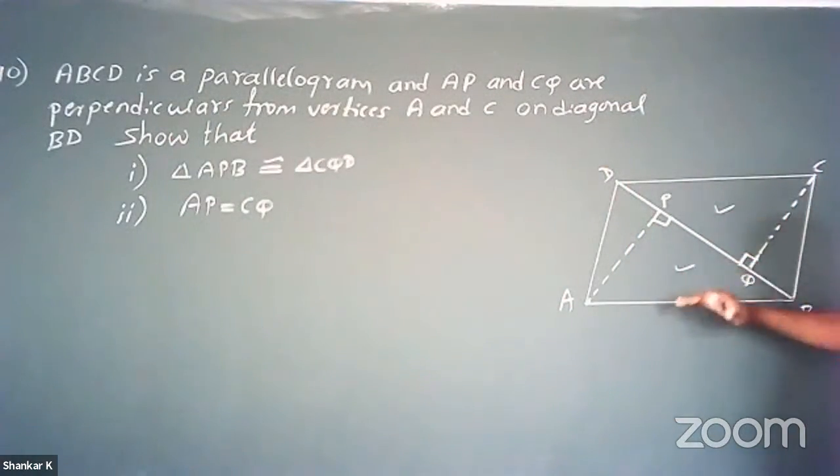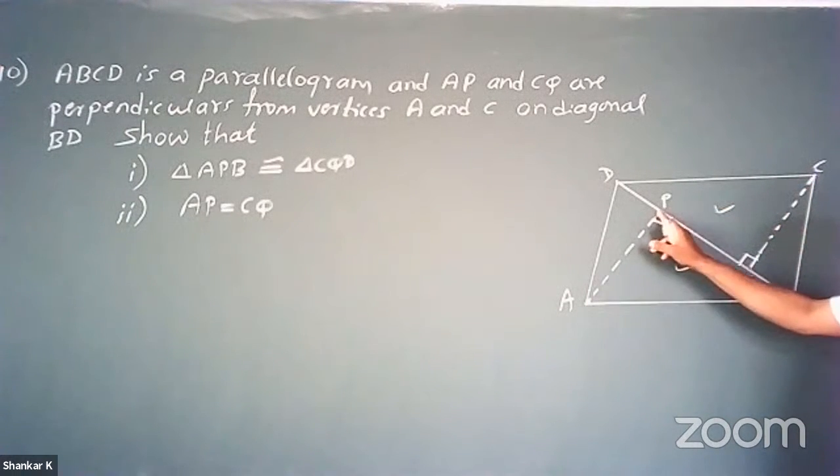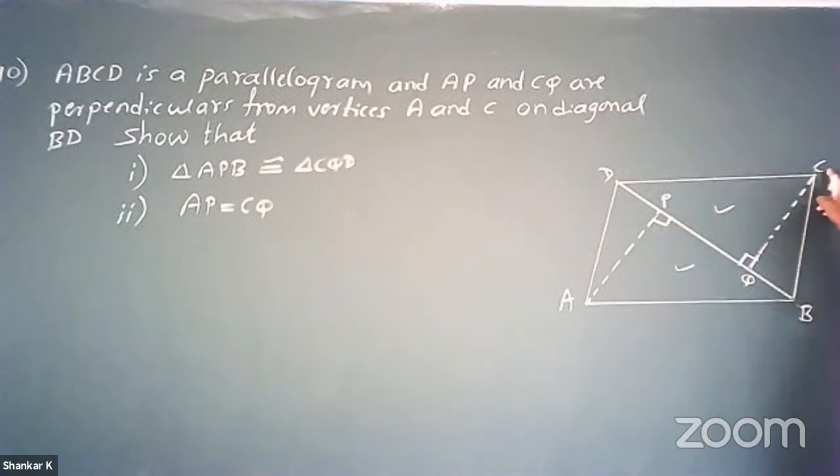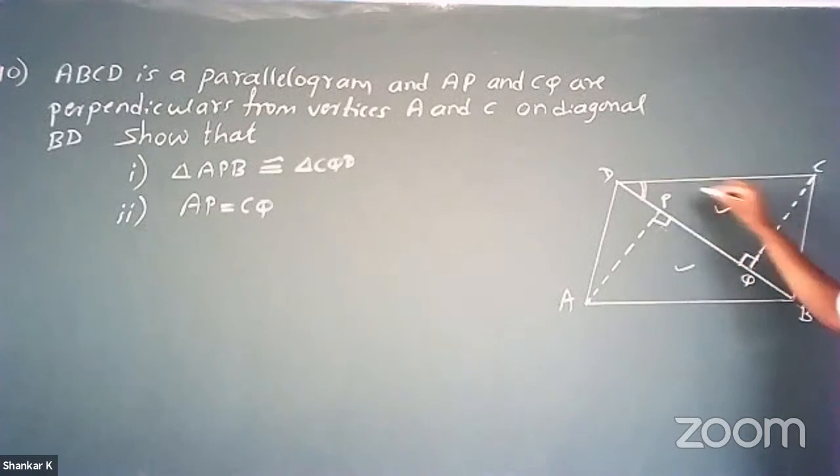In these two triangles, AB and CD are equal. And here, angle APB is 90 degrees, angle CQD is 90 degrees, both are 90. These angles are equal. Then, what about this angle? This and this are also equal.